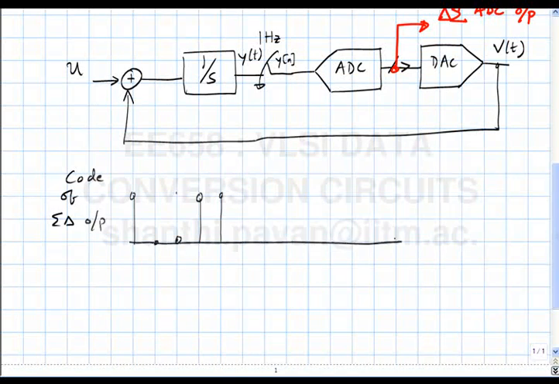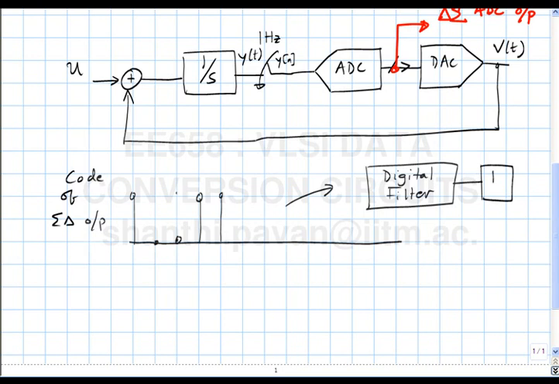Given that this is only 1 bit, how am I going to get 16 bits or whatever at the output? I'm going to pass this through a digital filter and then downsample, and I'm going to get equivalently 16-bit. Let's say I designed the noise shaping properly so that my delta sigma modulator in-band SNR is better than 95 dB or 96 dB, so that I'm expecting a 16-bit word.